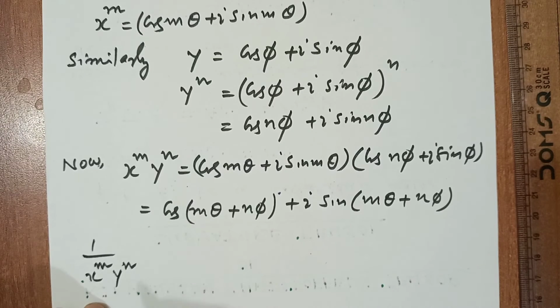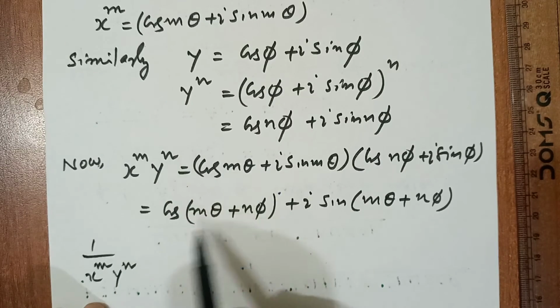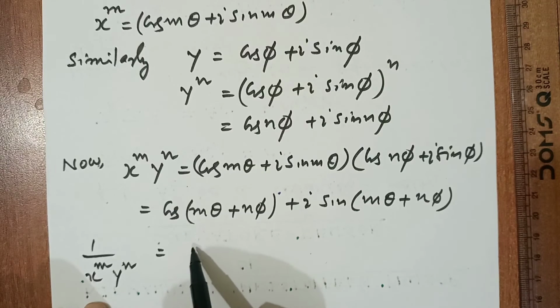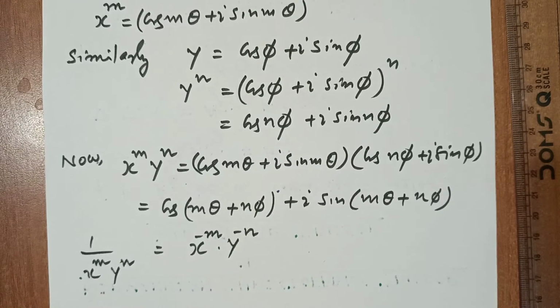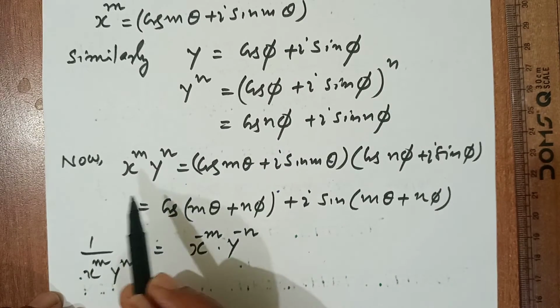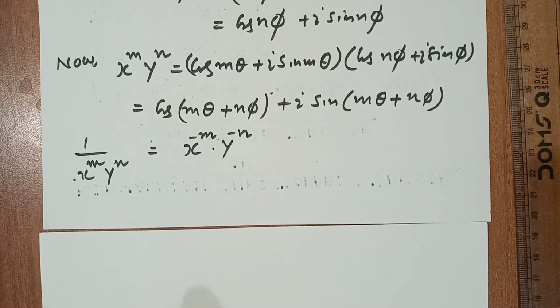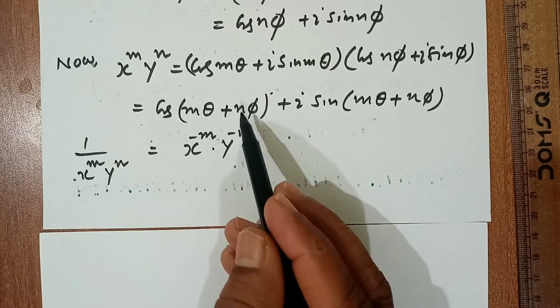Now we need to calculate 1 upon x to the power m, y to the power n. Since x to the power m, y to the power n is equal to this thing, this is x to the power minus m, y to the power minus n. So in place of m and n we put minus m and minus n.